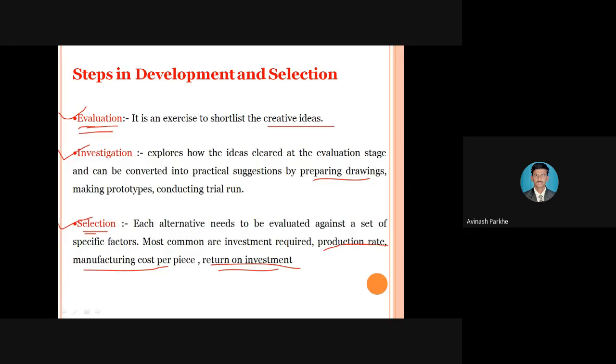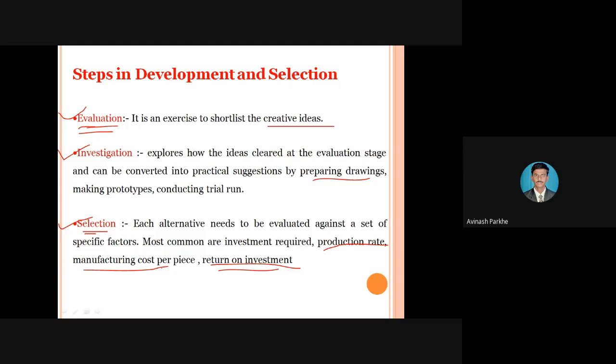That means out of idea number 1 and idea number 2, I can select the first one for further manufacturing. Therefore, the first step is called evaluation, in which we are shortlisting all the ideas. In the second step, investigation, whatever ideas we have selected, we conduct a number of tests, we prepare the drawings, and we prepare the models.